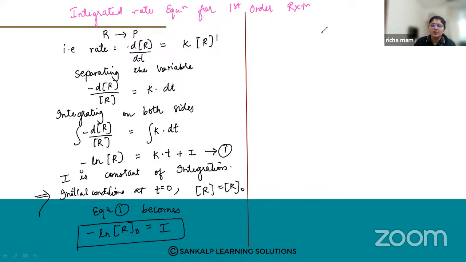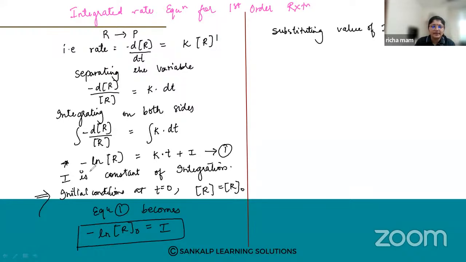Now substituting the value of I in equation 1. This is equation 1 here, so let me mark it with another color.